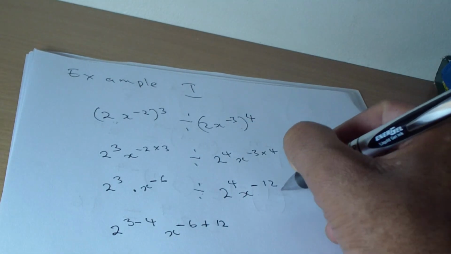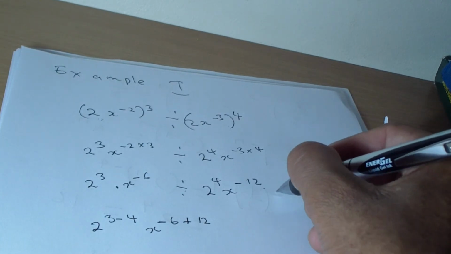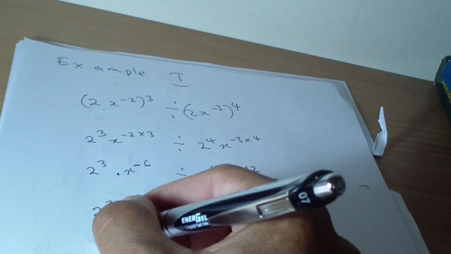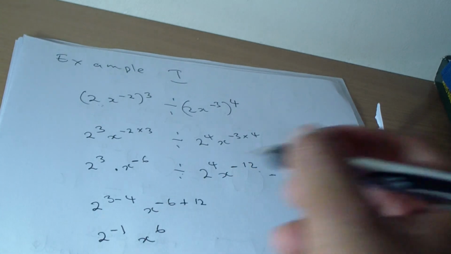Remember, I can rewrite this as before. Let's simplify this, then I'll show you. So I end up having 2 to the power minus 1, x to the power 6.